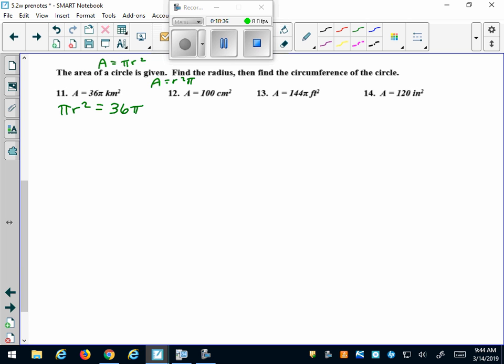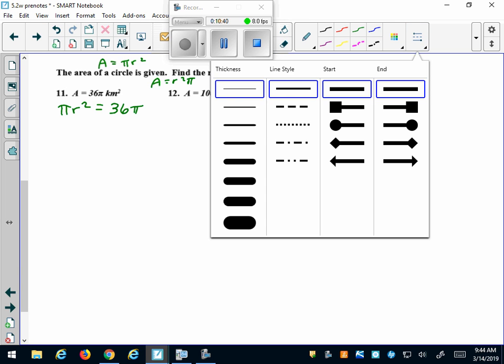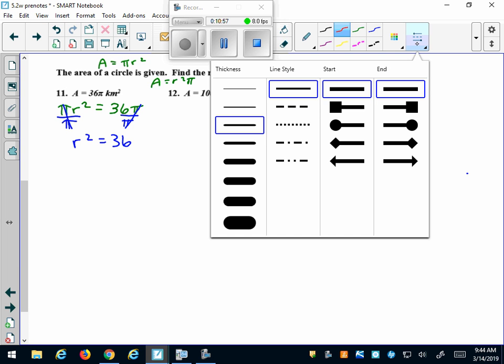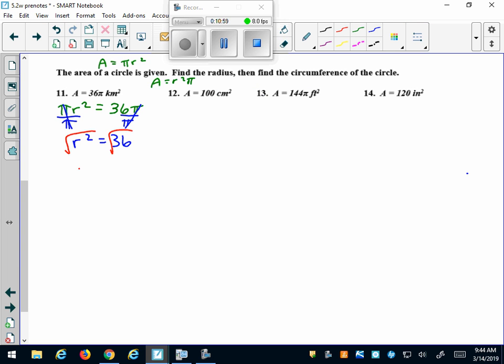What are we going to do on both sides? Divide by pi. Well, this one's nice because there's a pi on both sides, and we end up with r squared equals 36. How do we get just r? Square root, exactly. So we're going to square root both sides, and radius is 6.